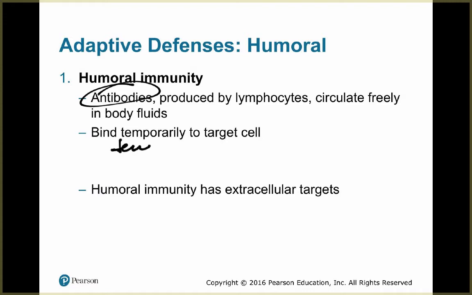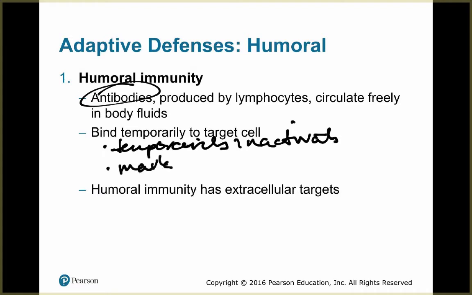So they're temporarily inactive. When they end up binding temporarily to target cells, making the cells inactive, they mark them to be destroyed. And if you remember, how do we destroy them?